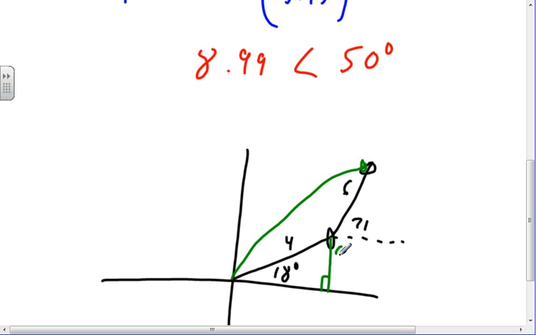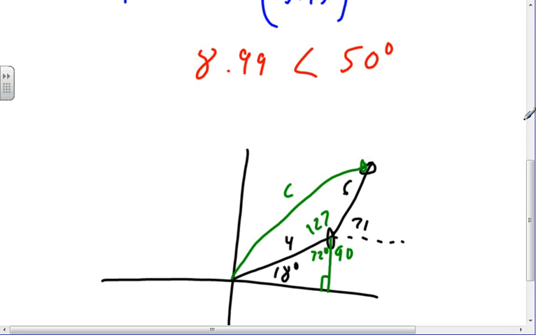I have 90 degrees on this side. I have 18 there, which means I have 90, 72. 72 here. So that means the remainder, 360 minus 72 minus 90 minus 71, is 127.